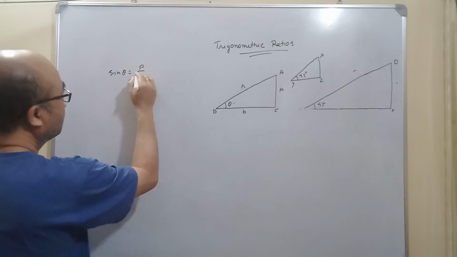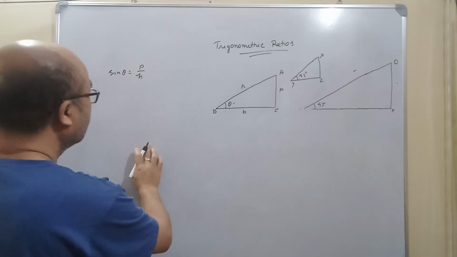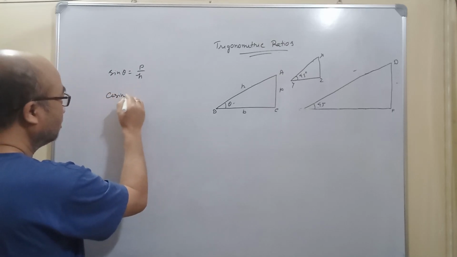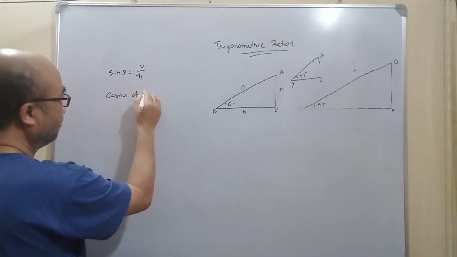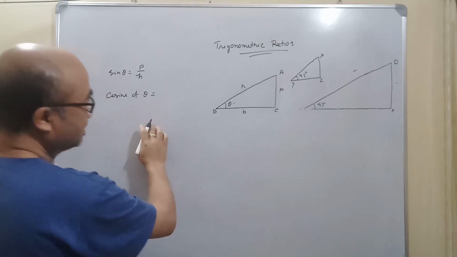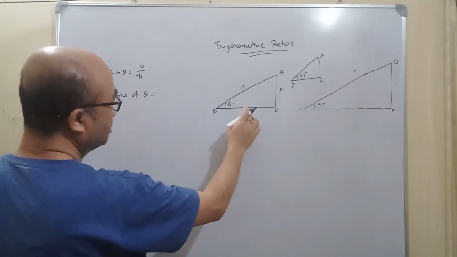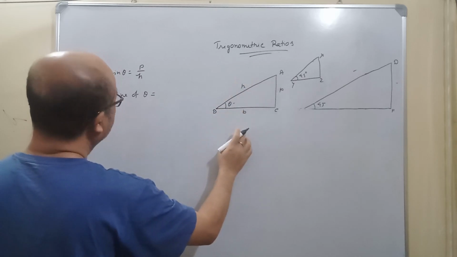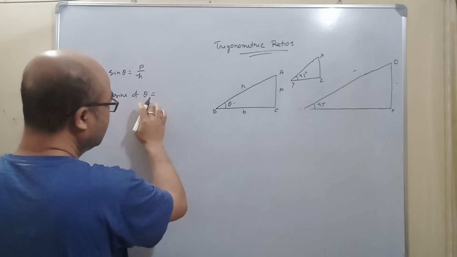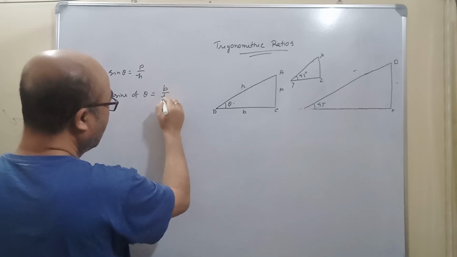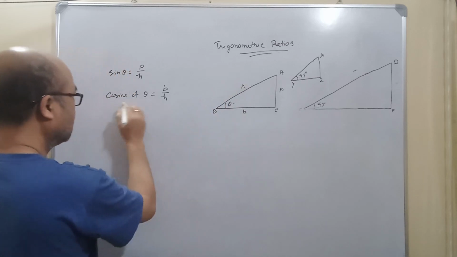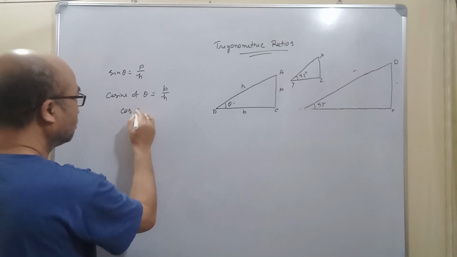So sine theta is perpendicular by hypotenuse, and similar to sine theta we have cosine of theta, which is also a function of theta, and this is the ratio of base by hypotenuse. Sine theta was perpendicular by hypotenuse. Cosine of theta is base by hypotenuse, B by H, or simply written as cos theta.